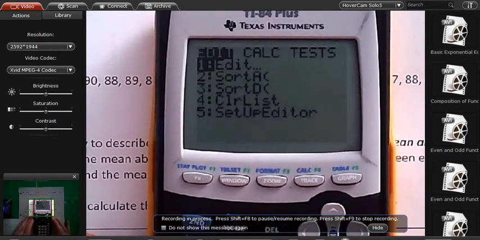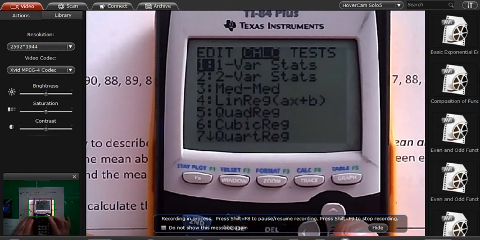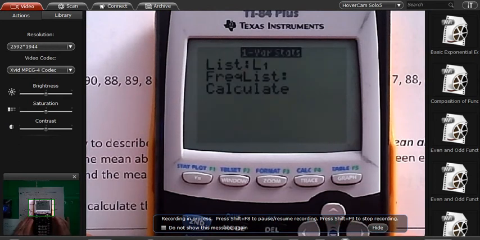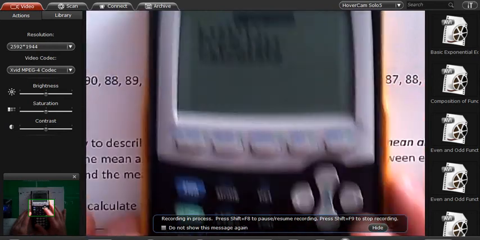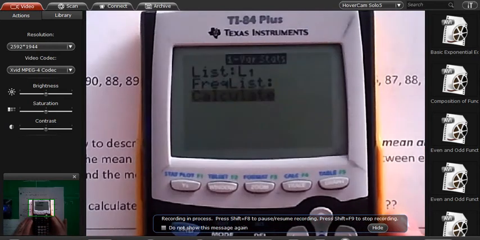We want to go over one place to Calc and press Enter on number 1. Now it says one variable stats. Notice the list is L1. Then we go down to Calculate with the down arrow key. Press Enter. And we see our stats.